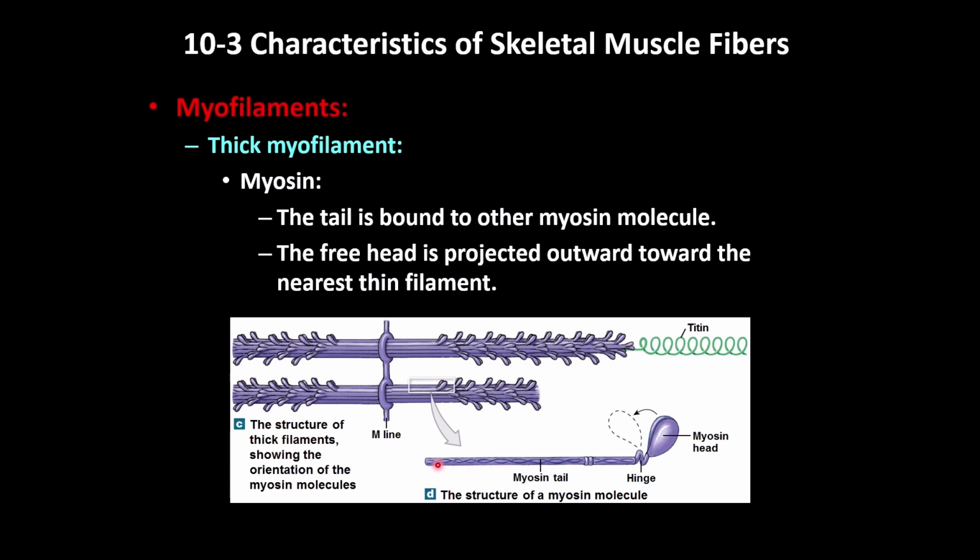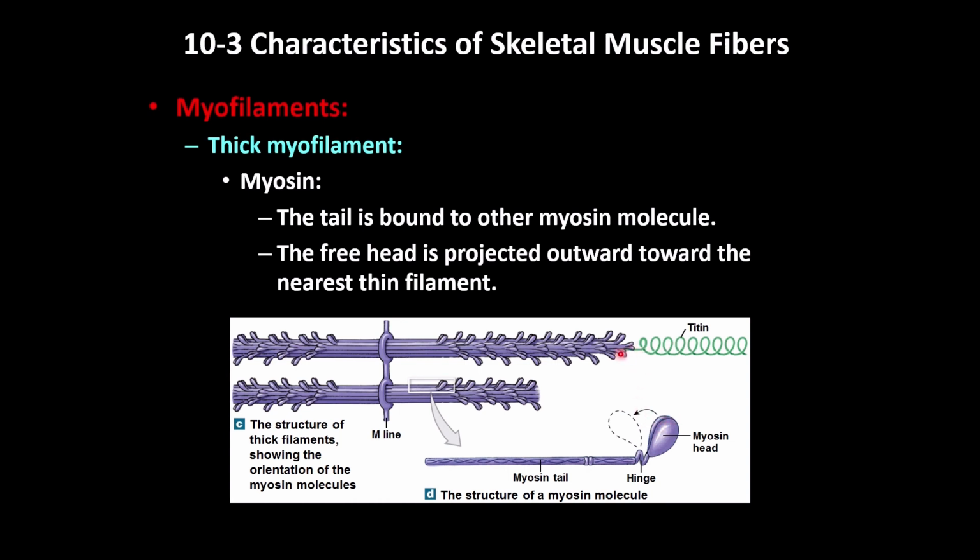The end of the tail goes to the M line, and then it connects with the tail of the opposite side myosin. It has a hinge, and this area moves the head. There are 2 heads here in skeletal muscle, while in smooth muscle there are a lot of heads. These heads are toward the thin filament.